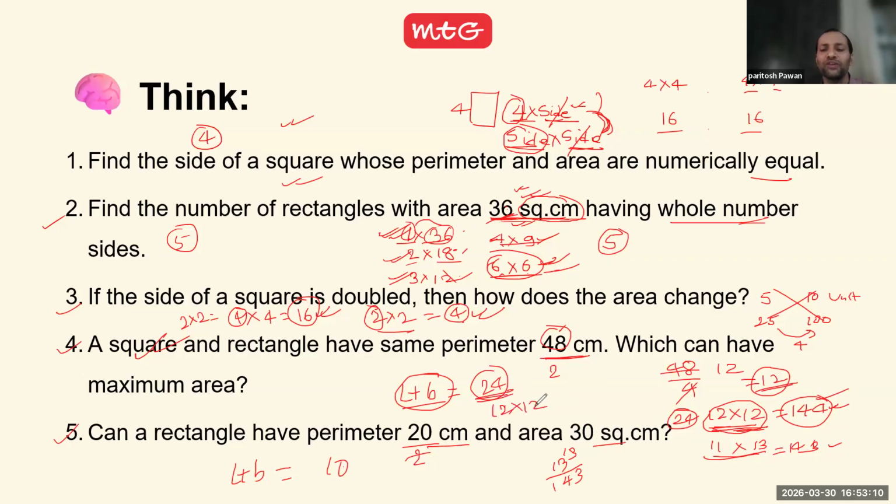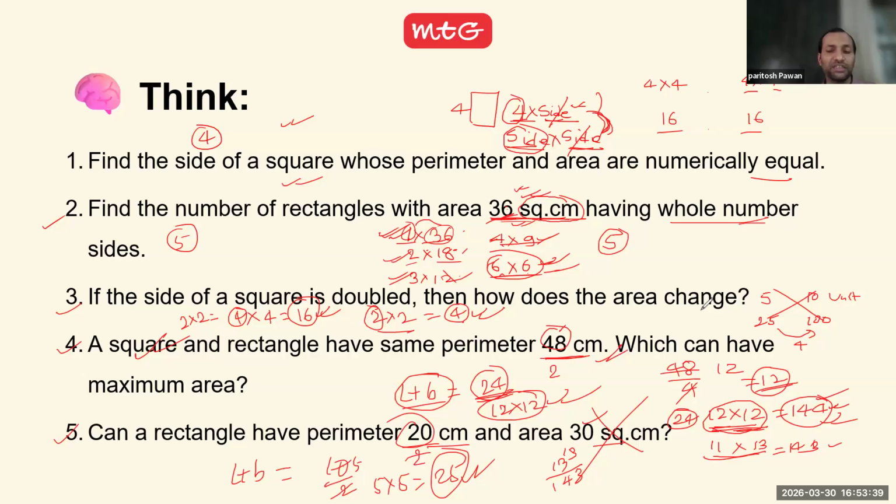We already saw that in question number 4. Same thing we'll try here. When length plus breadth is 10, the maximum area is 5 into 5, so the side is 5. So the maximum area is 25, but here it is 30. It is not possible, because the maximum area we can get is 25. More than 25 is not possible with this perimeter.